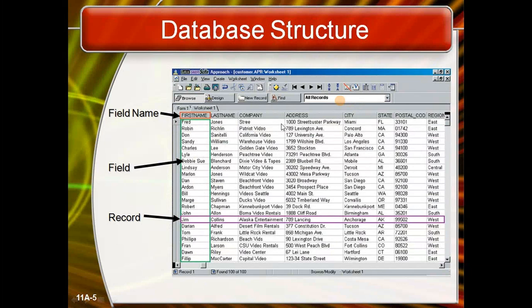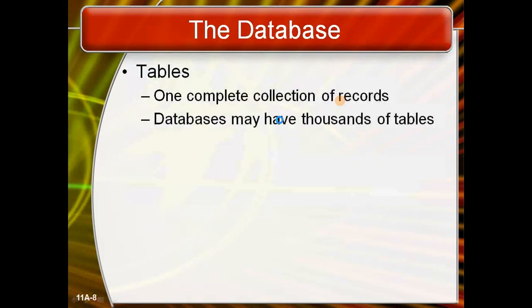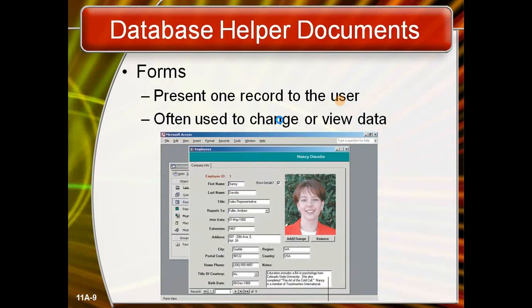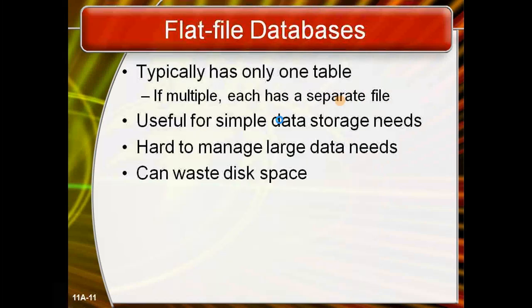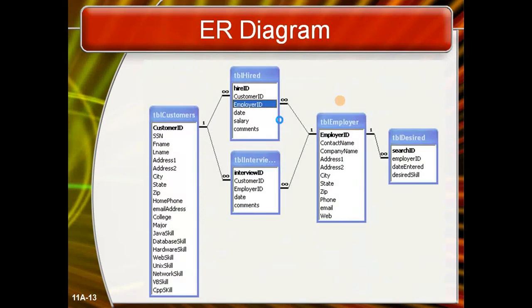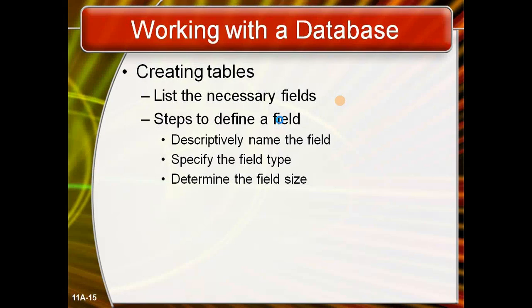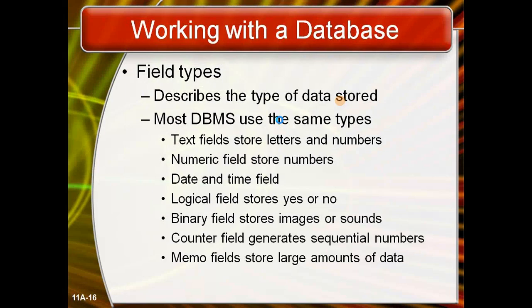The address will be alphanumeric, and the postcode could only be numeric. You know well the difference between alphabetic and numeric. Now, working with a database, again, field types.